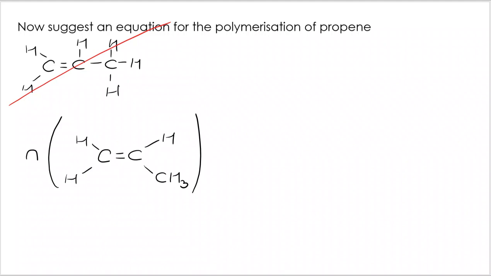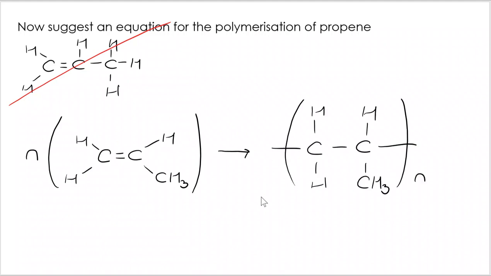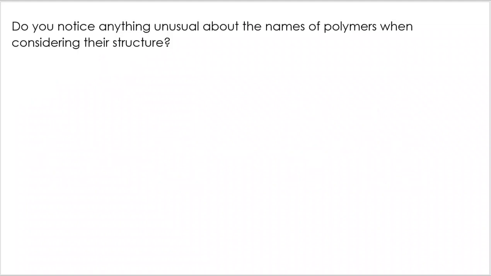And that then allows us to see very clearly that the only thing we're changing is the double bond becomes a single, that my bonds burst out beyond the brackets. I've got my CH3 down there. The error that people will often make is that they will have 3 carbons in a row as part of the repeating unit if they do propene, and that's what we're seeking to avoid.